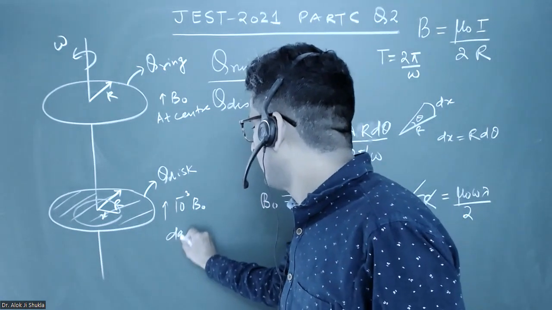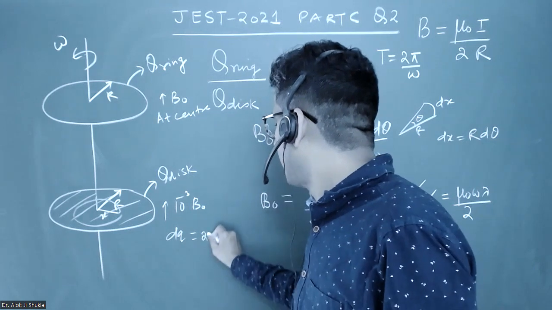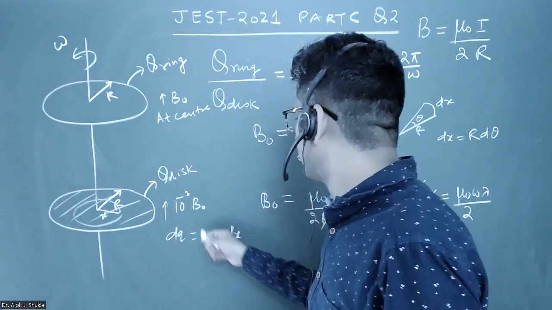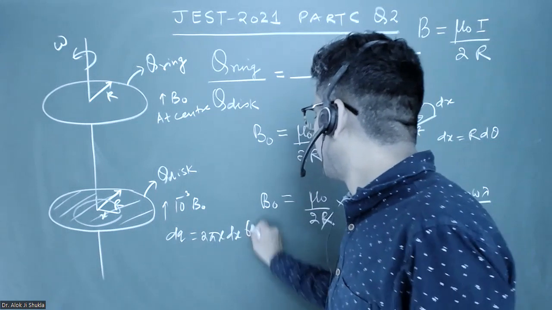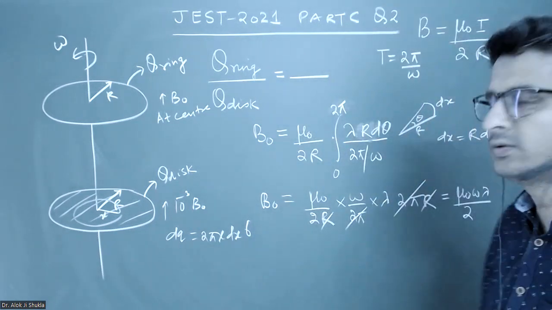The small charge will be 2 pi x dx into sigma, which is a small area into sigma.